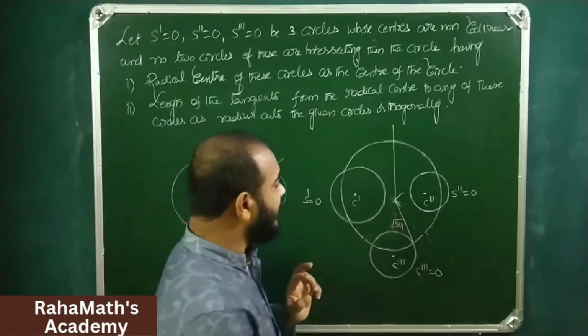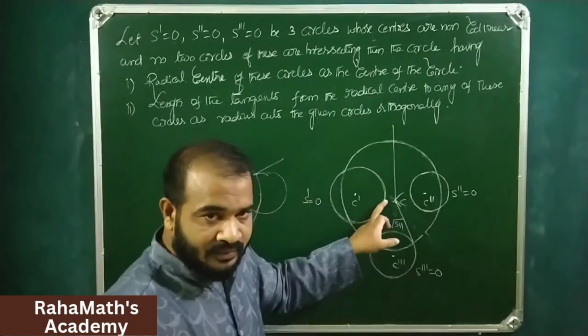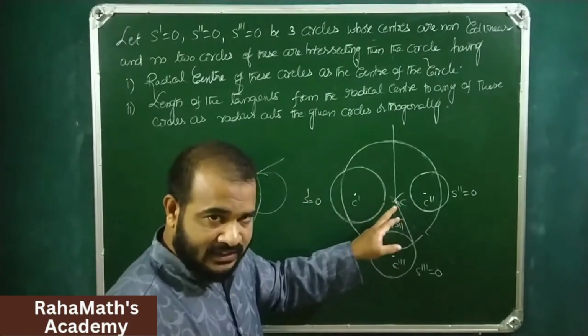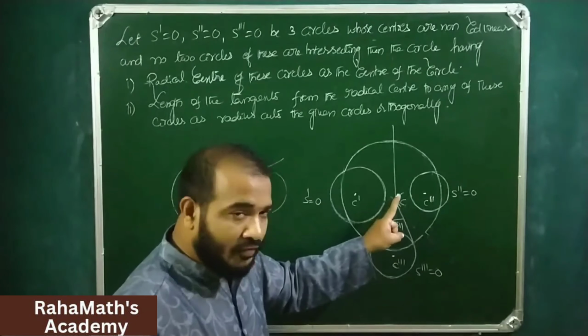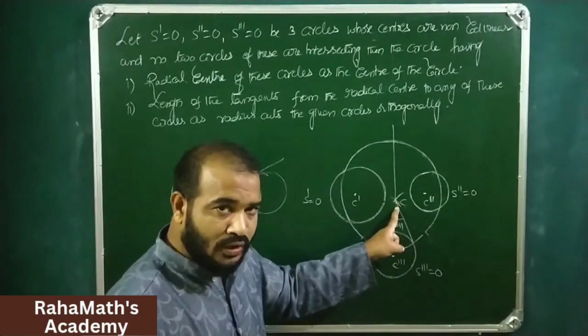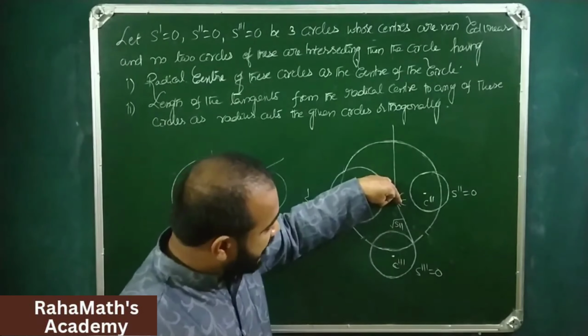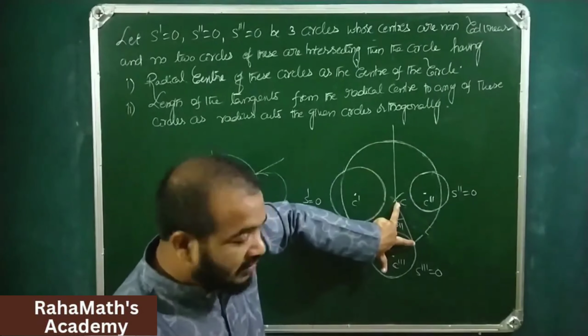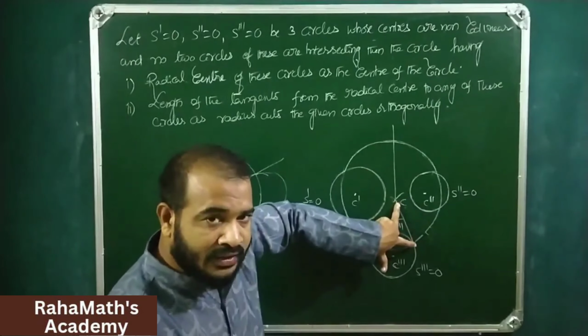From this center, to obtain the radius, draw the length of the tangent from the center of this required circle, which we get through the point of intersection of these three radical axes. From this C, find the length of the tangent to any of these three circles. In the diagram, I have shown this to be the length of the tangent drawn from C to S''' equals 0.